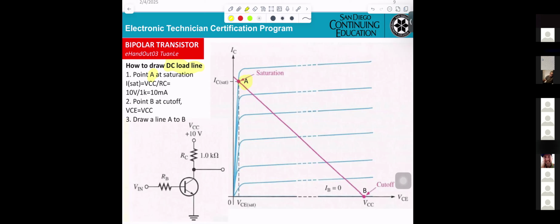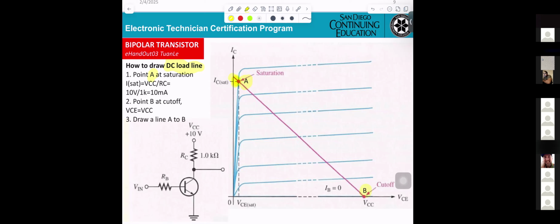In this case, 10 volt divide 1K, you get 10 milliamp. So you get the IC saturation equal 10 milliamp. You get 1 point.